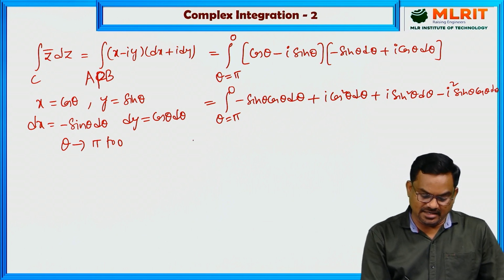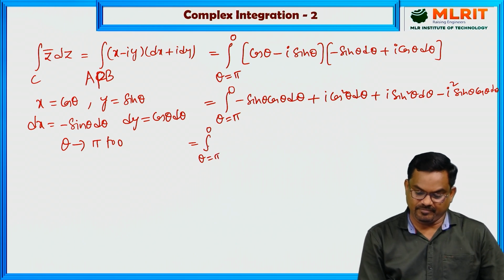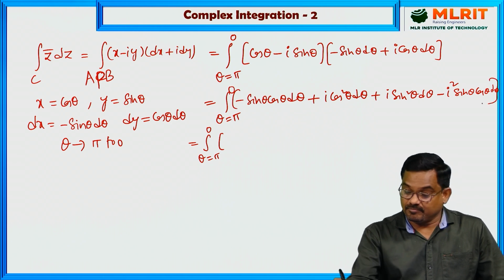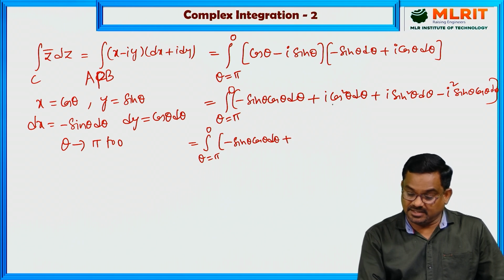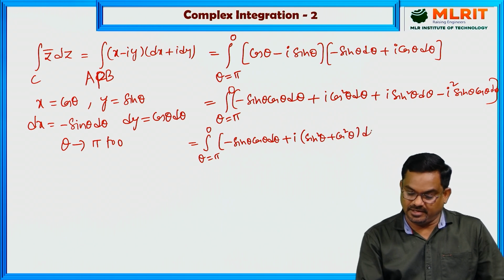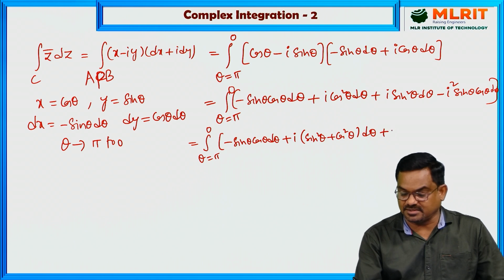So again simplifying this, theta equal to pi to 0, minus sin theta cos theta d theta plus, here I can take i common, so sin square theta plus cos square theta d theta, minus i square is minus 1, so minus into minus is plus, sin theta cos theta d theta.